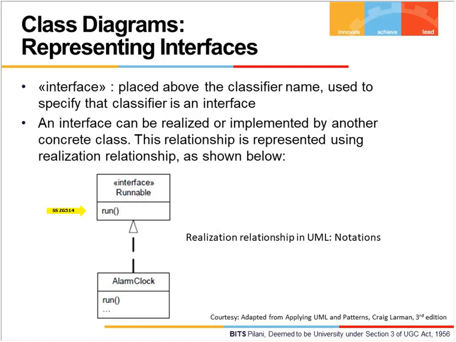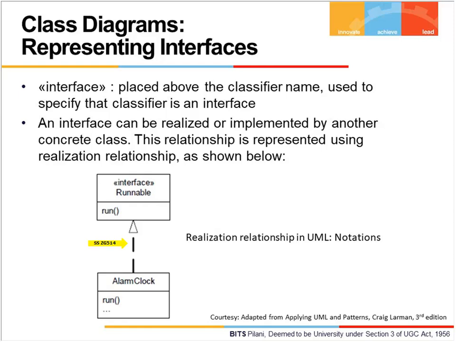Okay, let's just quickly notice the notations that should be there. In order to represent that this particular classifier is an interface, we use the keyword interface. And this is the notation that is used to represent the implementation relationship, right? It's a dashed line with an unfilled solid arrow.